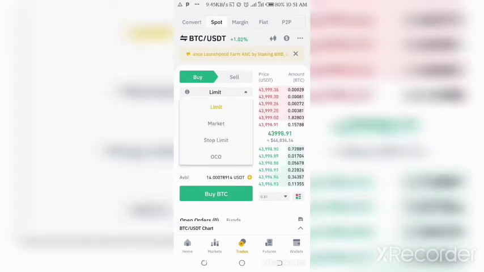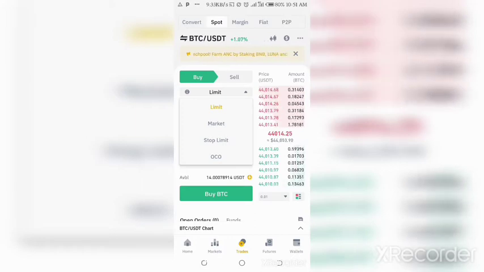A market order is when you want to buy now at the current price. Stop limit is similar to limit; the difference is small, but I'm not going to go into that. Then there is order cancels order, which helps you place two orders. If one goes through successfully, the other one is cancelled.